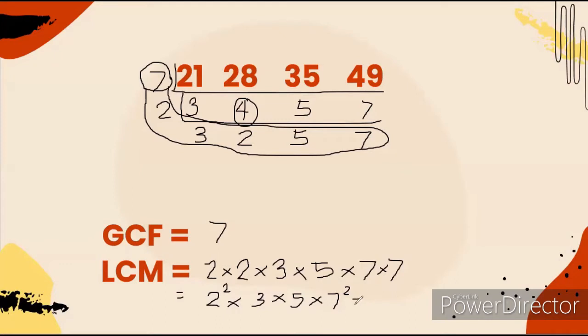So we have 2 squared is 4, times 15, since 3 times 5 is 15, times 7 squared, which is 49. Now you need to solve all these since the numbers are too big. So the answer, or the LCM, is 2,940.